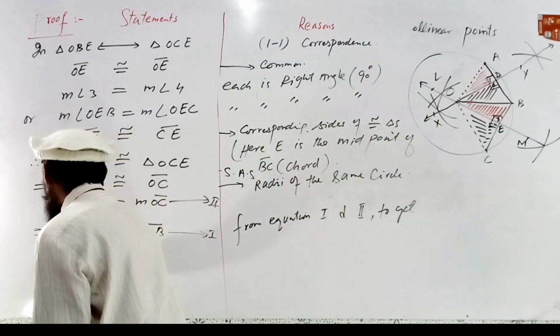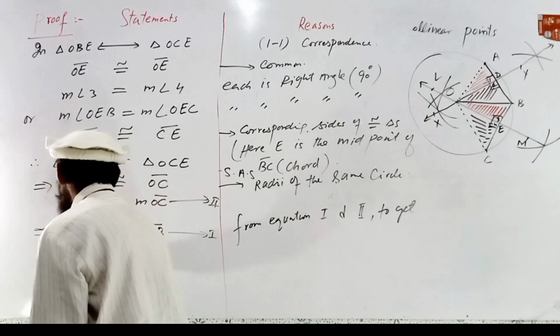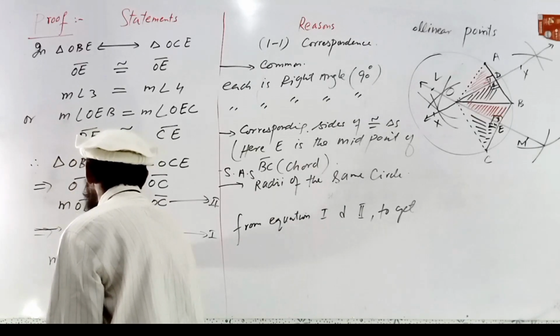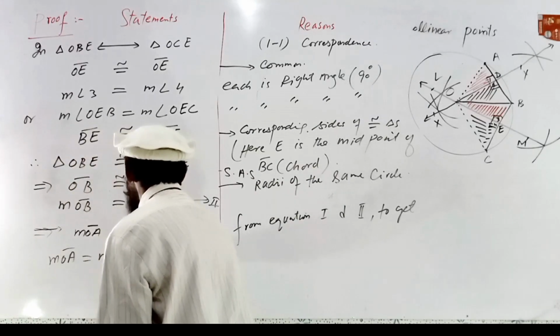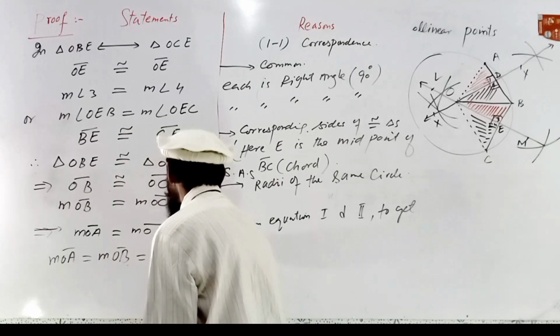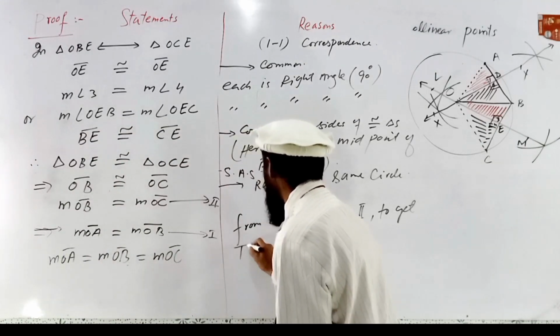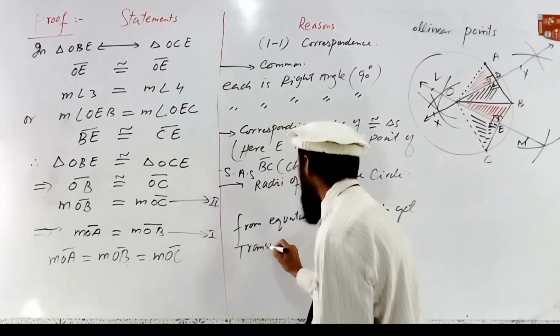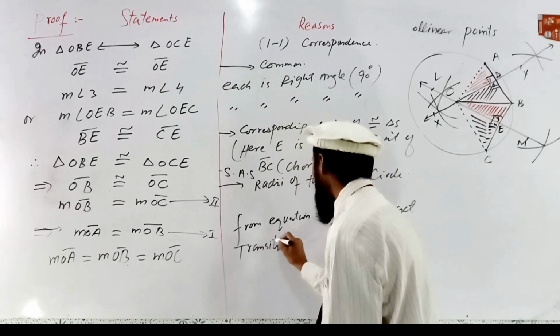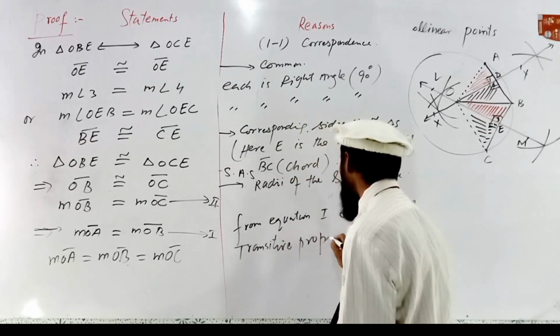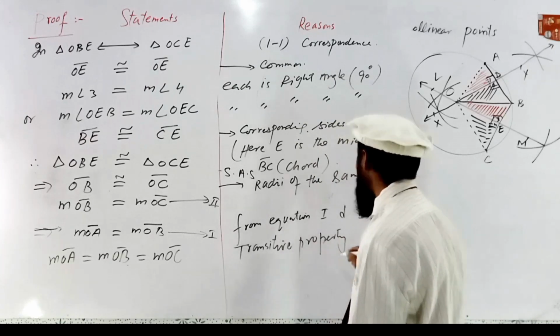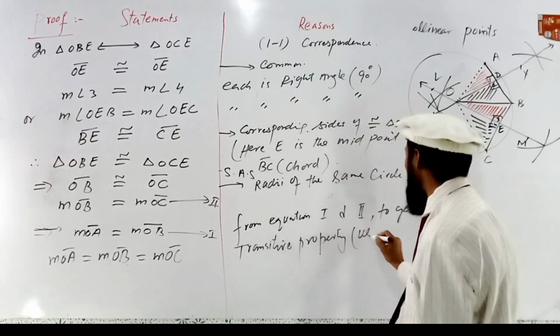According to the transitive property, from equation number first and second we get measurement OA is equal to measurement OB is equal to measurement OC, transitive property used.